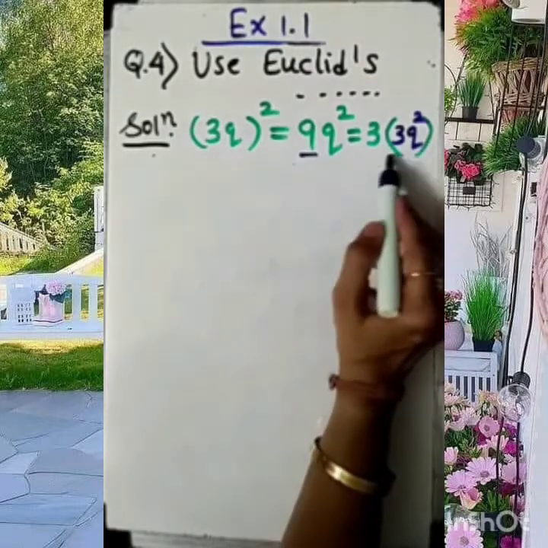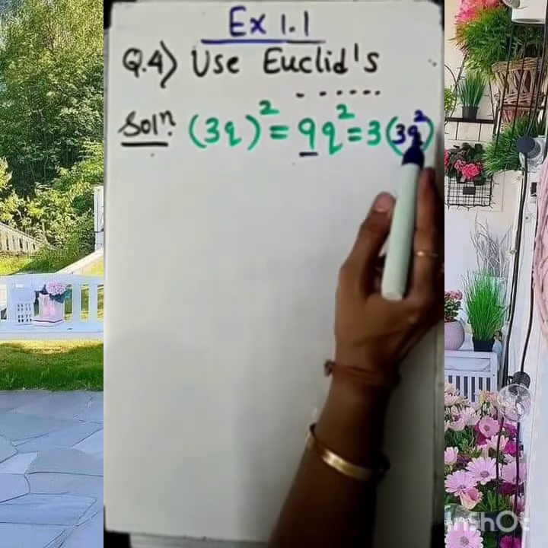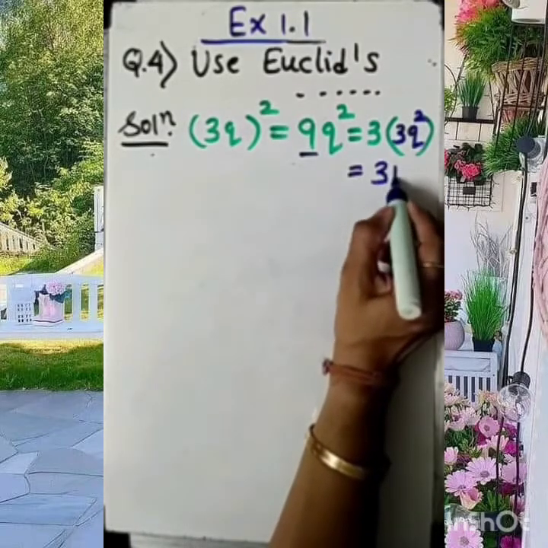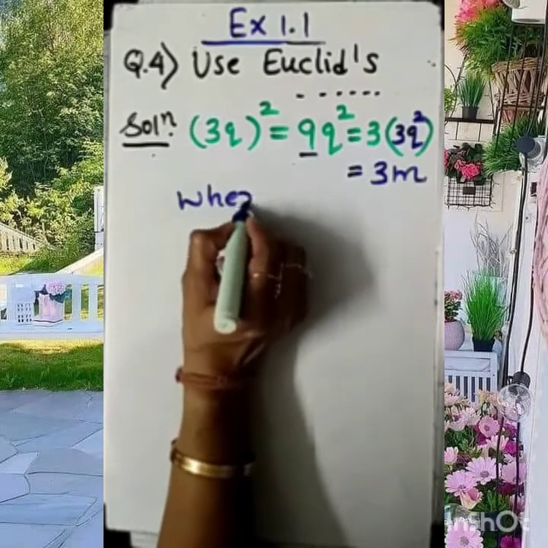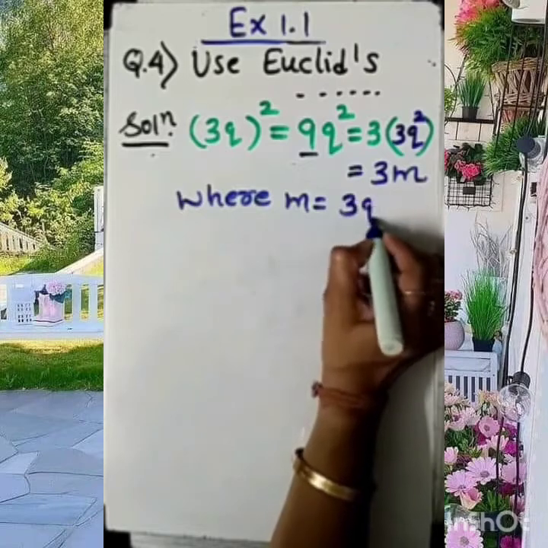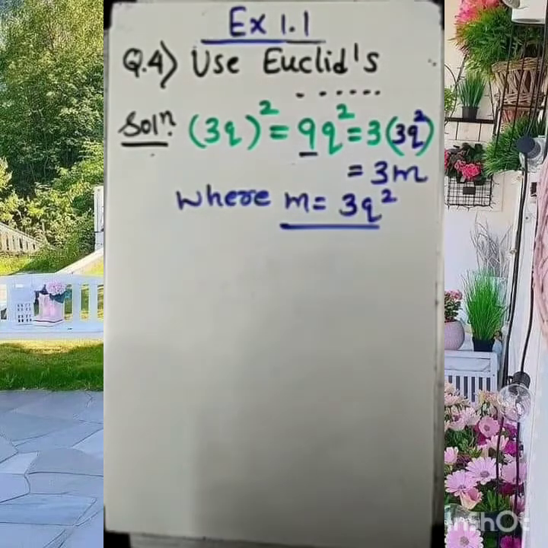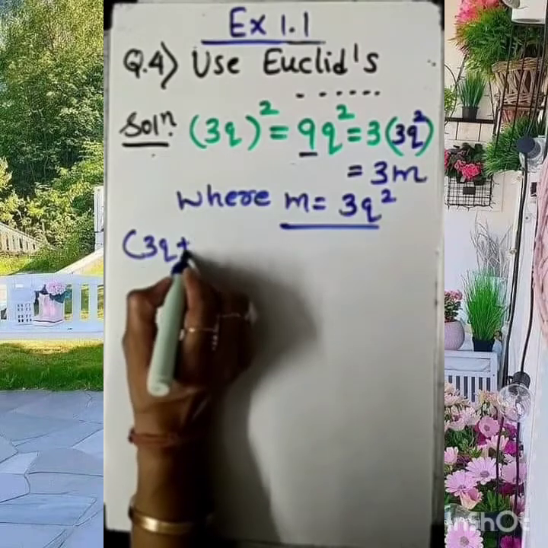Why have I done this? Actually we know 3q square equals m. So this will become 3m, because the value of m is equal to 3q square. This is the value.